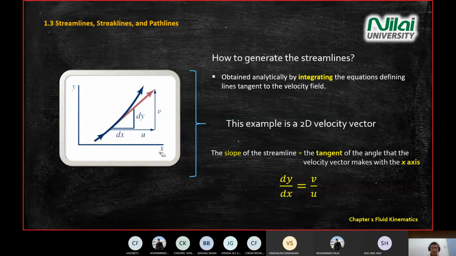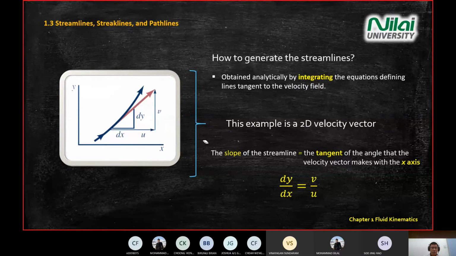If I change this one to z, this one will become w. The z-axis will always use w. So in your equation, you can no longer use u, you must replace it with w. This is how we manipulate the question. The concept is still the same, but I want to see your intelligence in answering the question.